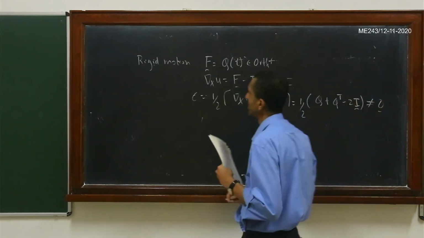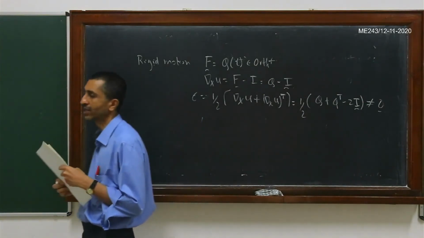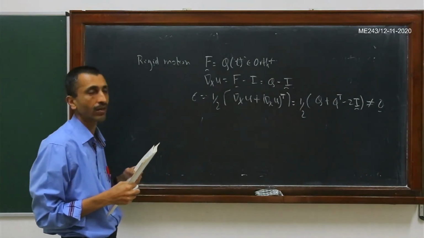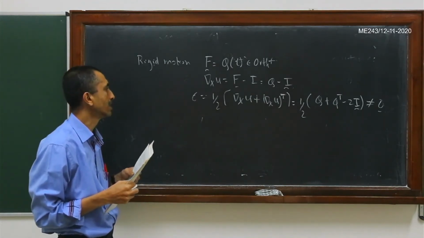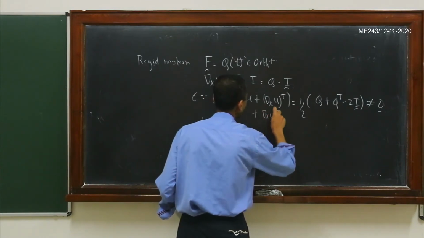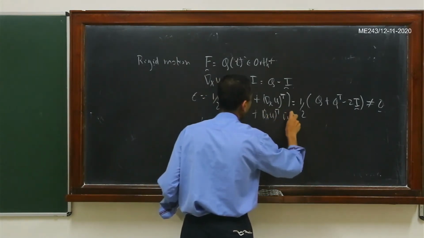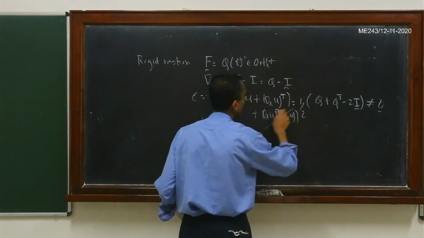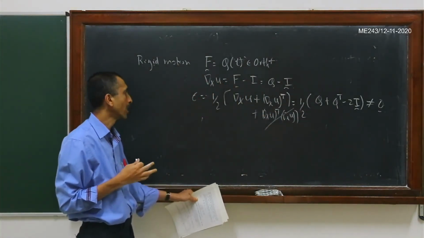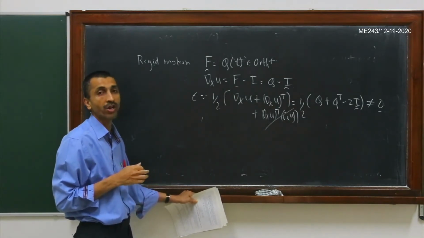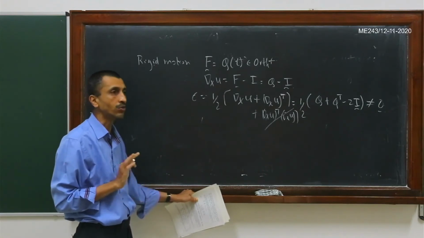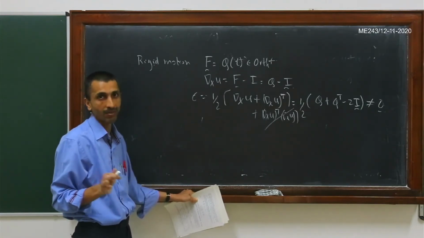Okay? So you can see that if you have a rigid motion, then the linearized strain tensor does not vanish. Which is not surprising, because as I said, there is this del U transpose del U term in the nonlinear strain, which we have arbitrarily dropped as an approximation. And so the linearized strain tensor is not a valid strain measure, but it's a good approximation to be used for engineering purposes, right?